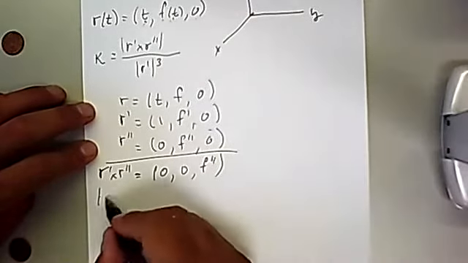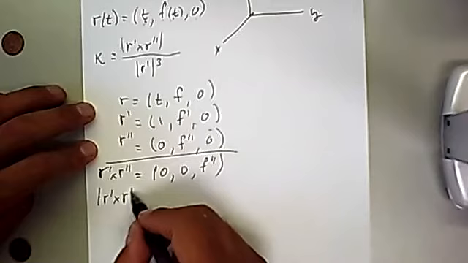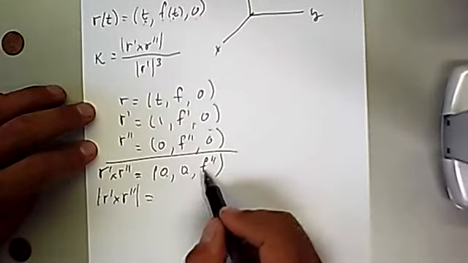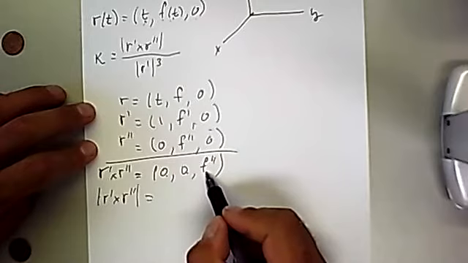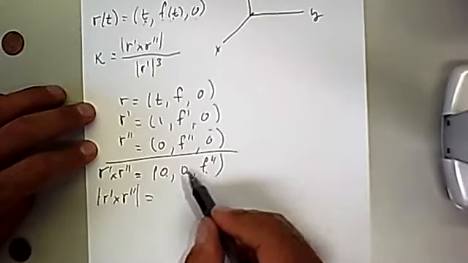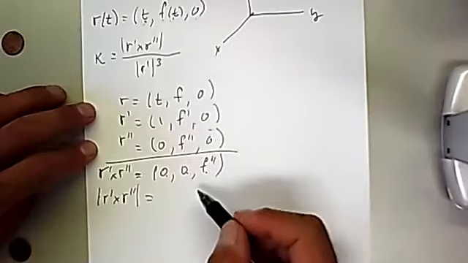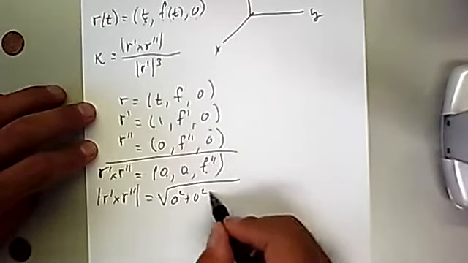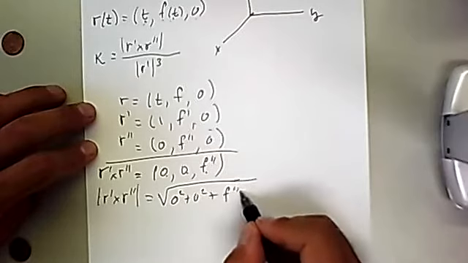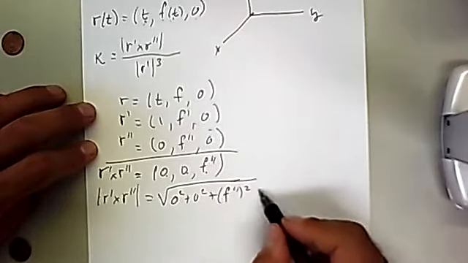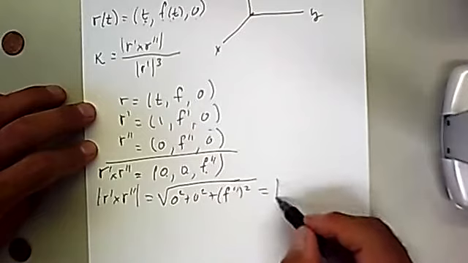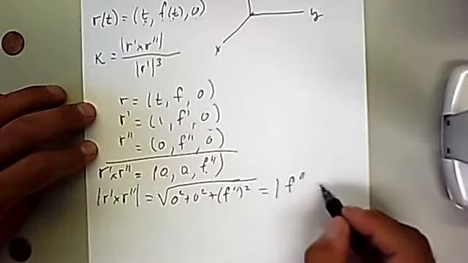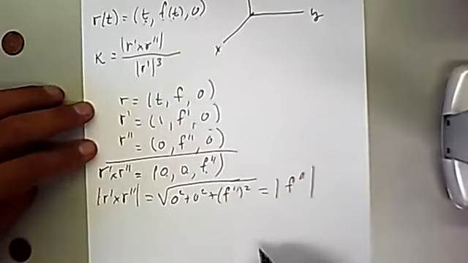The magnitude of this cross product is going to be 0 squared plus this guy squared, after which we will take the square root. So let me write it down, 0 squared plus f double prime squared. So that's going to give us the magnitude, or just the absolute value of f double prime there.